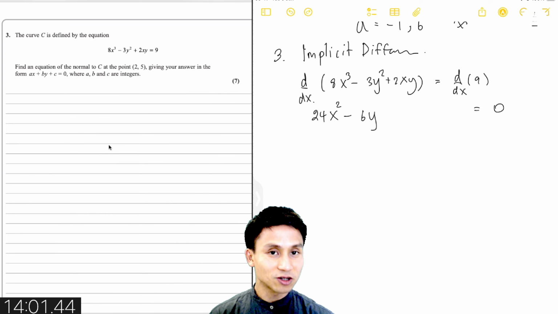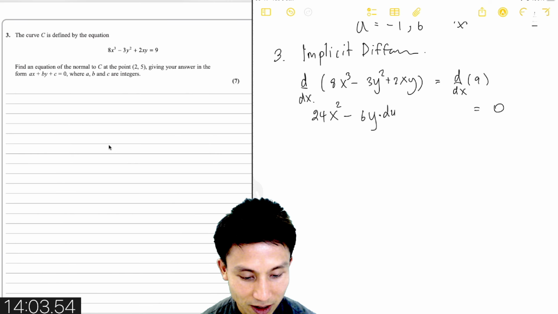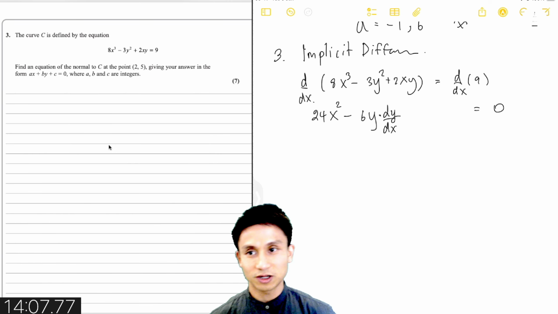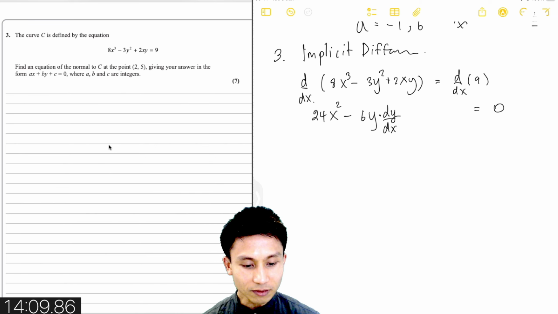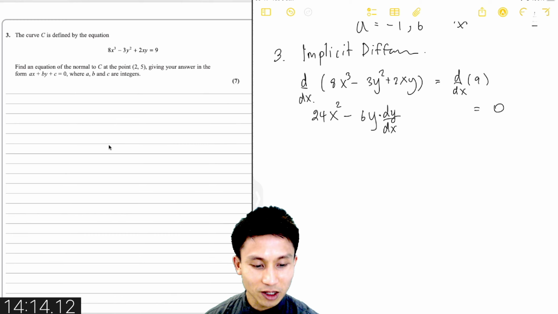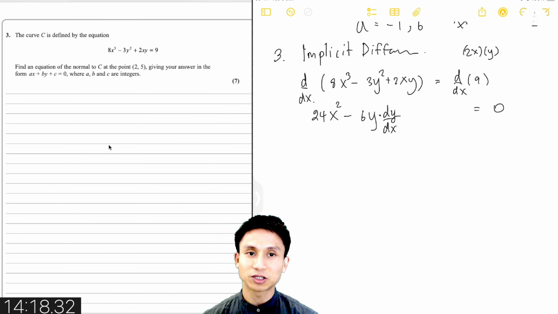So because y is not x, we're going to have to add another dy by dx there. That is called chain rule again, right? Now what about 2xy? Well, for the 2xy here, we can look at 2x and y as separate functions because x and y are both variables.